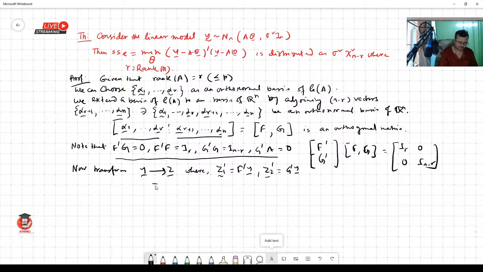This means z1i equals alpha i curl prime y curl, i from 1 to r, and z2i equals alpha i curl prime y curl, where i is from r plus 1 to n.